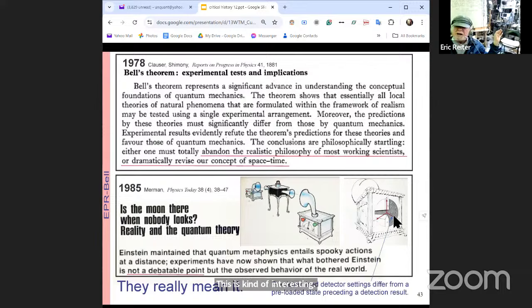You can tell the kind of detection they use, that they're looking ahead of the kind of detector, but they're not looking at this idea of a preloaded state as one of their hidden variables, which means Bell's analysis was incomplete in that way. I'm saying that's what's wrong with Bell's theory. And I've already explained what's wrong with quantum mechanics. But anyway, these people are emphatic. They say they have to abandon realism.